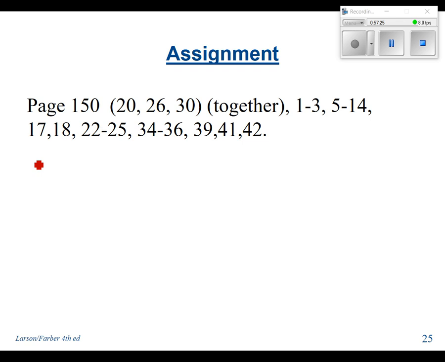So you got that table there. Part A, find the probability that a randomly selected student is a nursing major. Probability that the student is a nursing major.